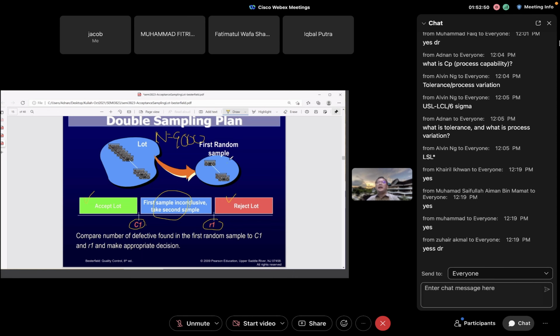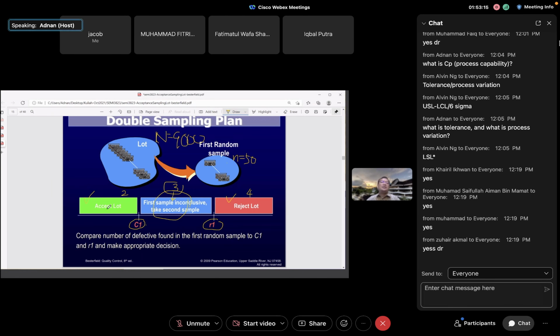You take a sample of n equal to 50. Maybe your accept number is 2 and your reject number is 4. What happens if you get 3? If you get 3 defects, you must take a second sample, because it is inconclusive. You cannot accept and you cannot reject.